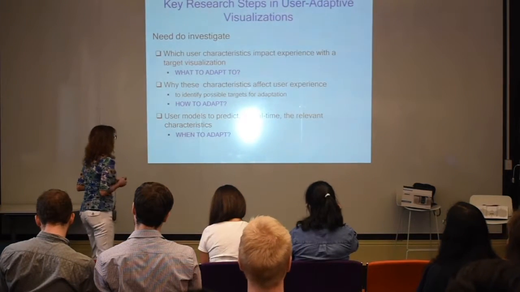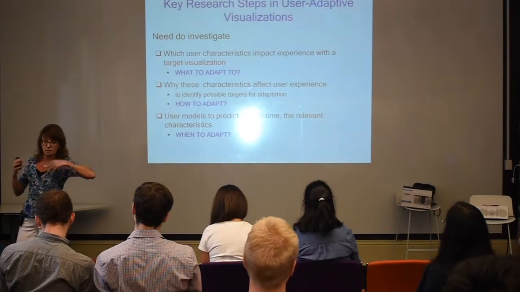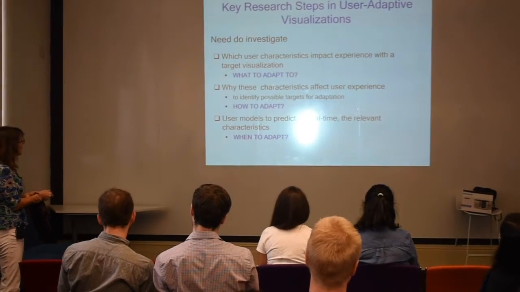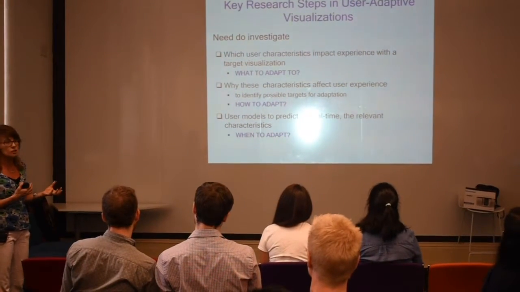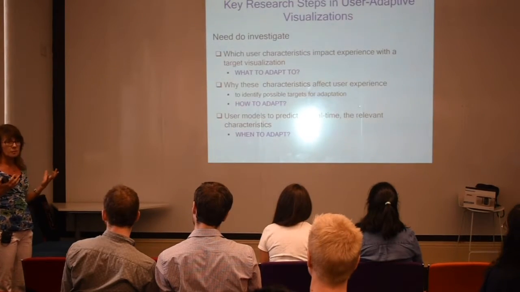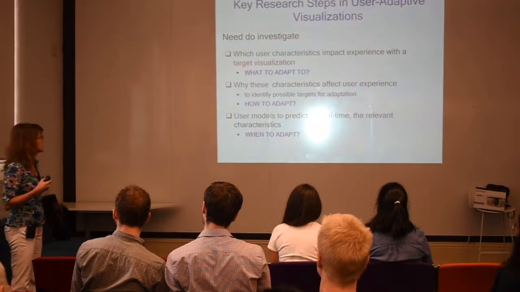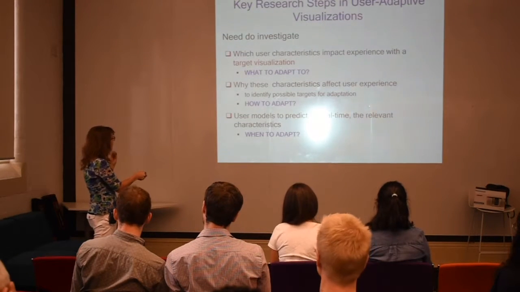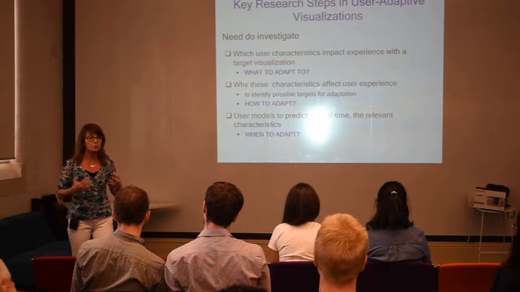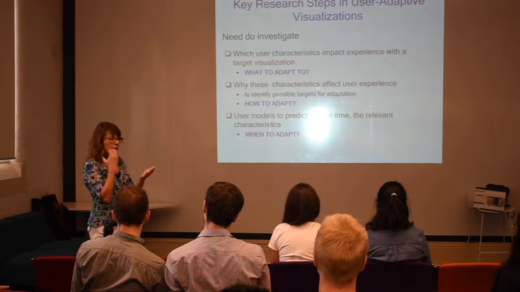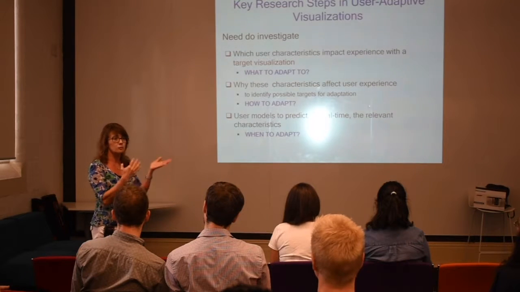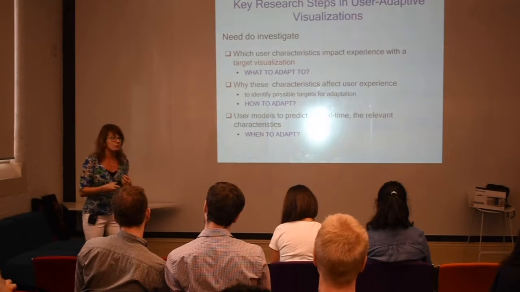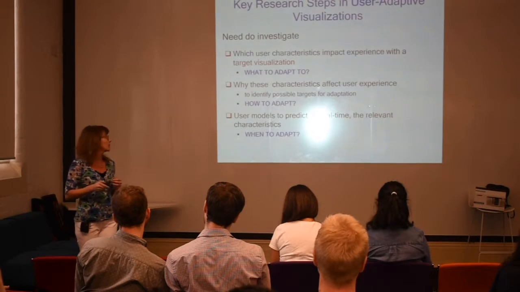So going back from the general slides on what are the steps to build user-adaptive interfaces, this is just repeating that to say that if we're working with visualizations, which is a new field where there hasn't been much research on how to provide personalization, it's even more important to investigate these three questions: what are the user characteristics that impact how people look at visualizations, how these characteristics actually affect behavior, and can we build user models that can predict in real time these user characteristics, okay?